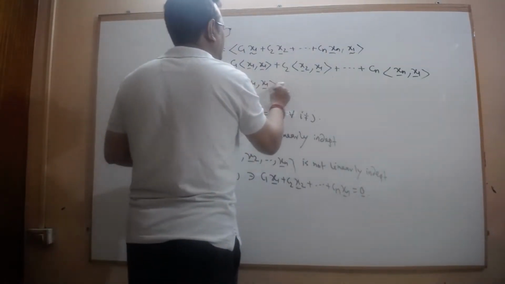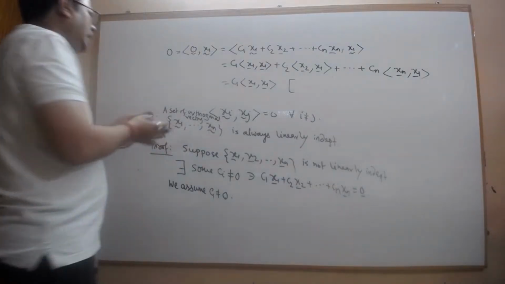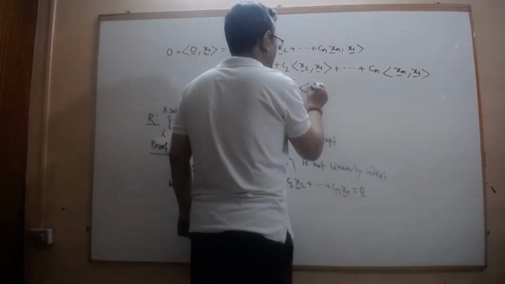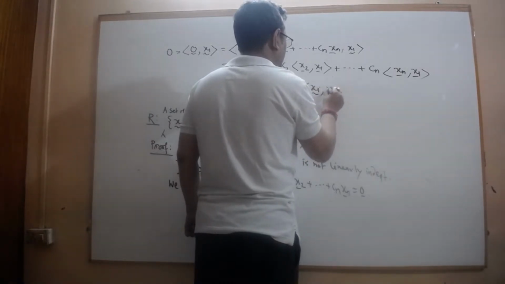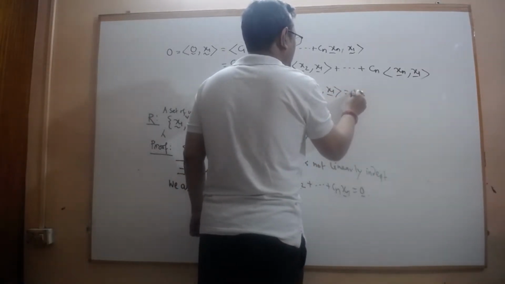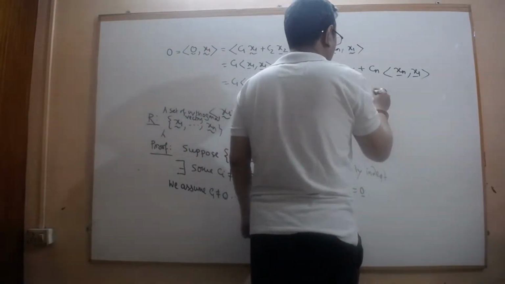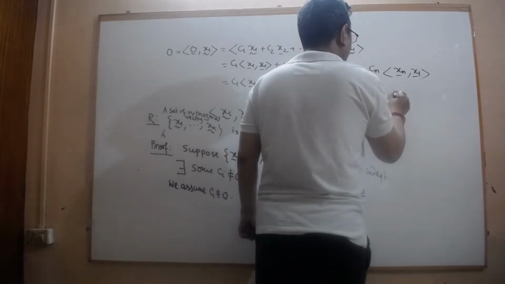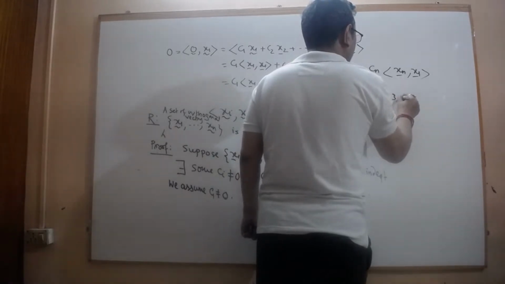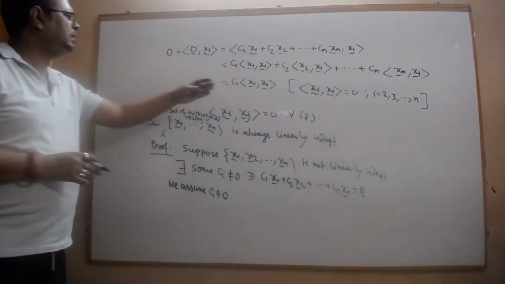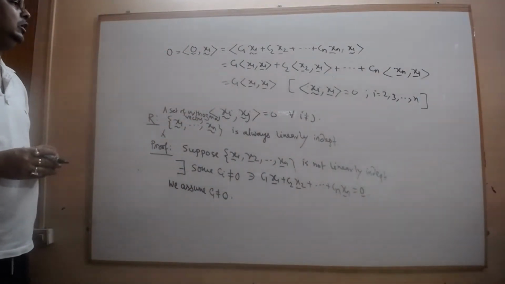Since x1, x2, up to xn are orthogonal vectors, the inner product of xi and x1, where i goes from 2 to n, equals 0. So this is nothing but c1 times inner product of x1, x1.